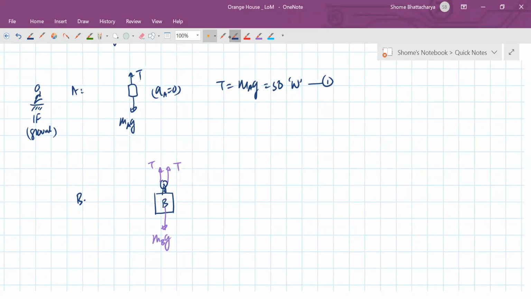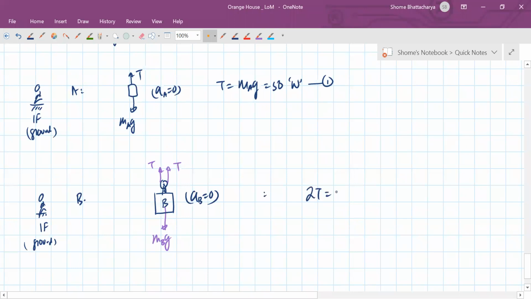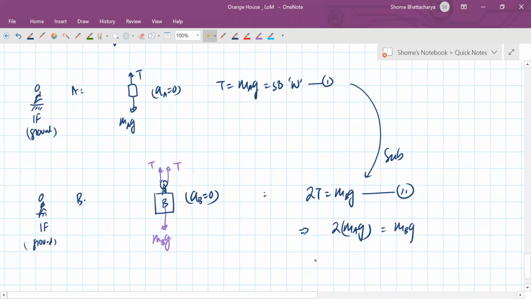And again, this is in inertial frame. And again, its acceleration is 0. So we'll get the equation 2T has to balance the weight of B. Now substitute this over here. So 2 times the weight of A has to balance the weight of B.